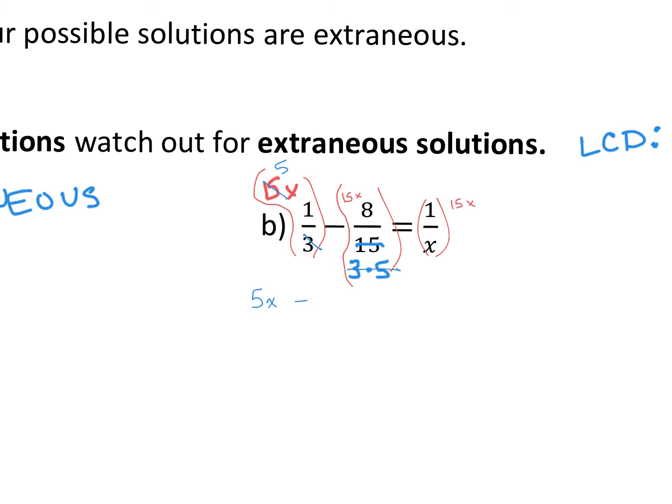That 15 will cancel with that 15, and we'll get minus 8x. And over here, the x's will cancel, and we'll get equals 15. We should note that x cannot equal 0, because if it did, it would cause this denominator to be 0. So this is an excluded value.